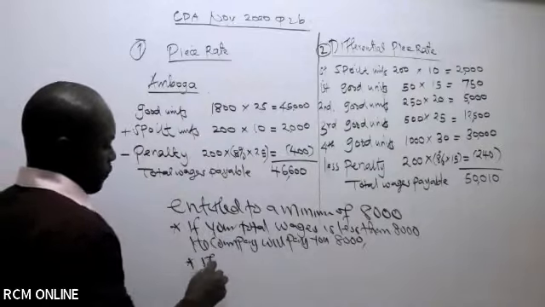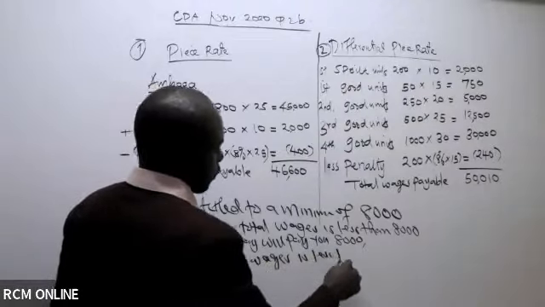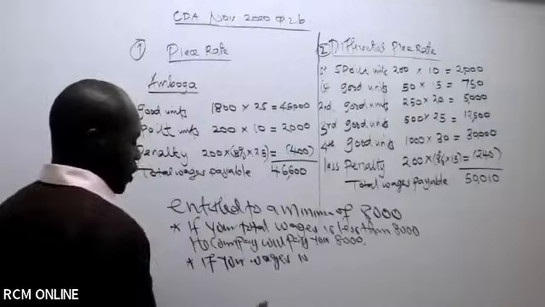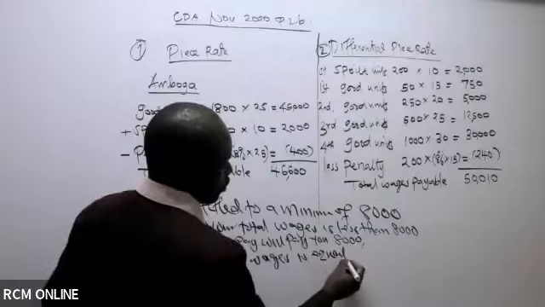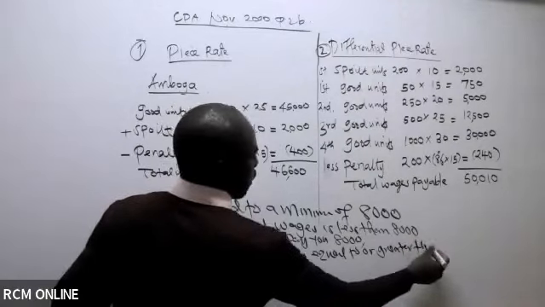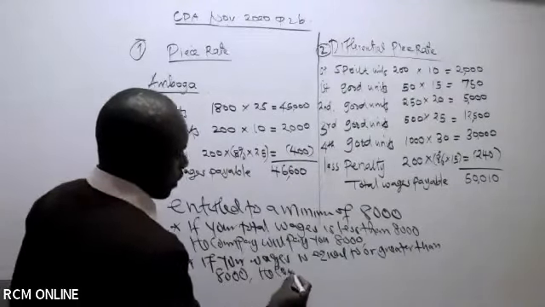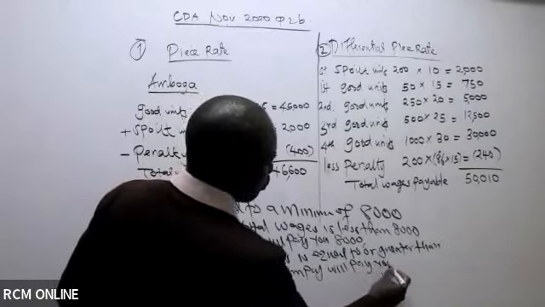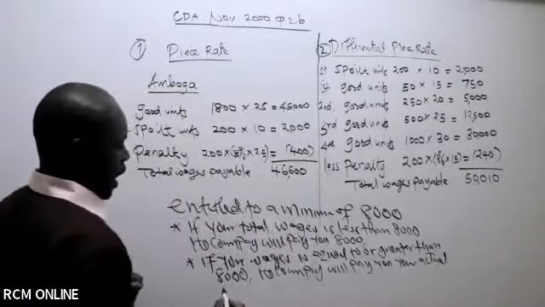And if your wages is equal to or greater than 8,000, the company will pay you your actual earnings.